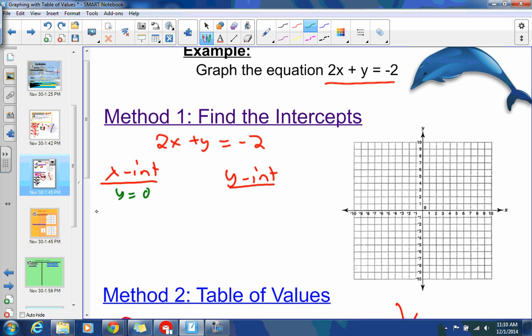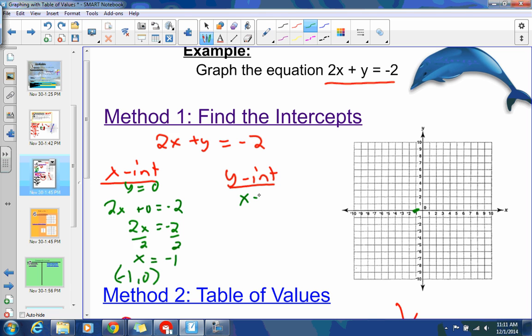So that would be 2x plus 0 equals negative 2. That would be 2x equals negative 2. Divide both sides by 2, and x equals negative 1. So the ordered pair would be negative 1 and 0. Plot that right here, negative 1, 0. That was one of the points we found before, actually.